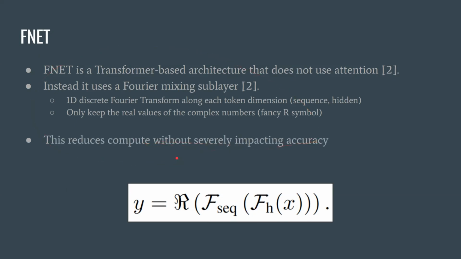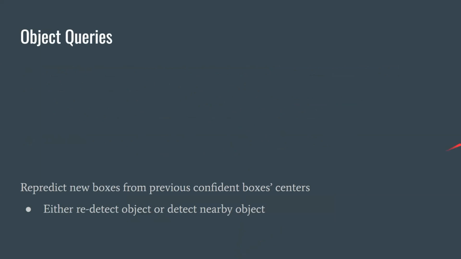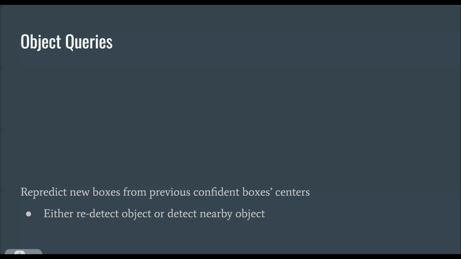And so the whole idea of FNet is it's going to reduce the compute, particularly the memory burden of a regular transformer, without severely impacting accuracy. And as a frame of reference, we go from the token mixing being n squared to the Fourier process being n log n. And now I will pass it to Nate.